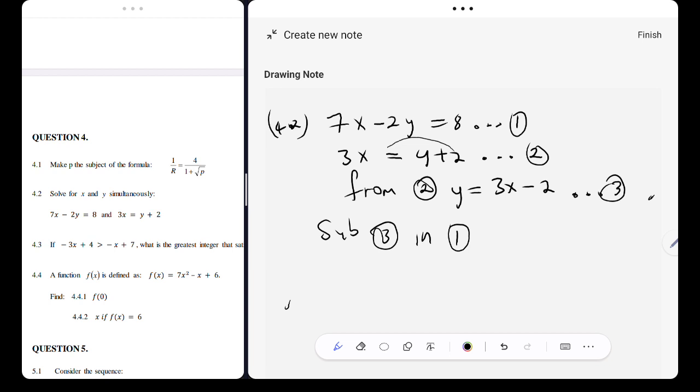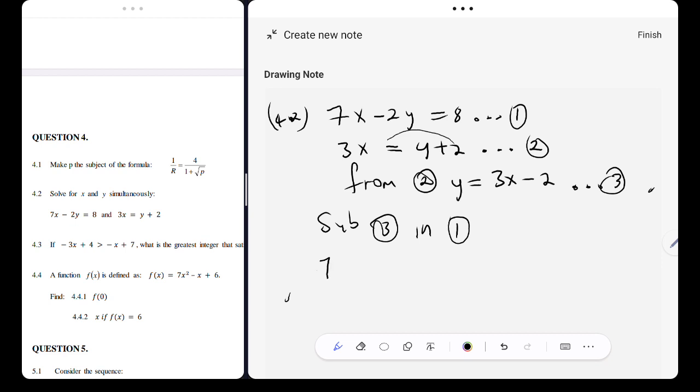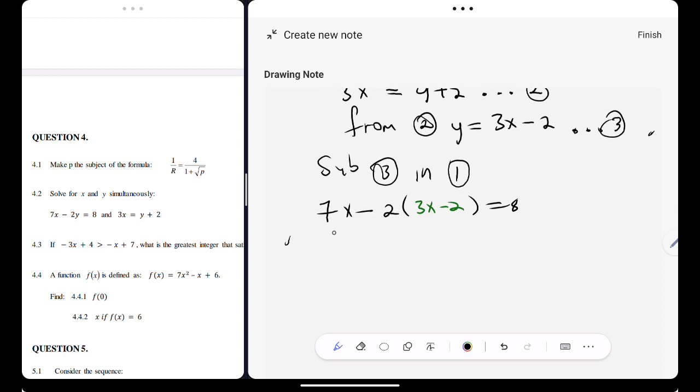Whenever I see y, I put 3x minus 2. So it simply means that I'll have 7x minus 2 times 3x minus 2 all together.